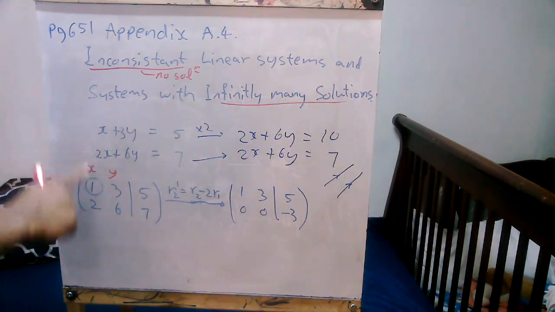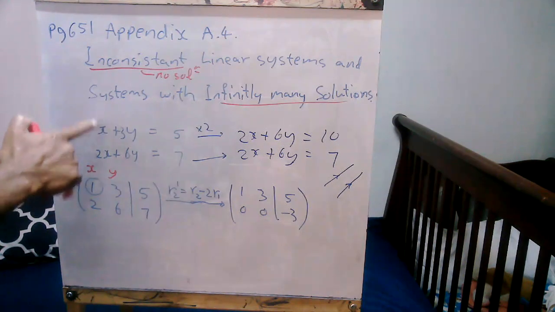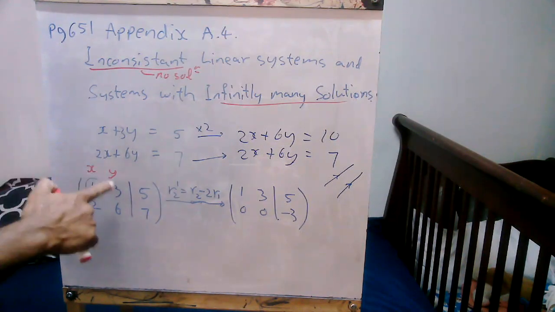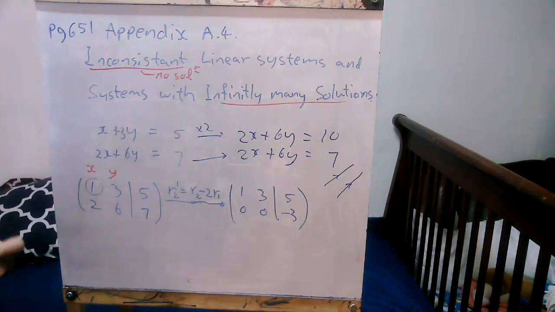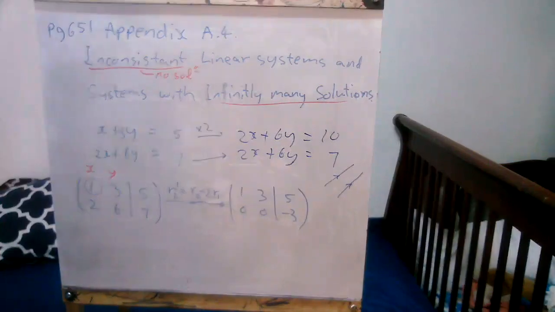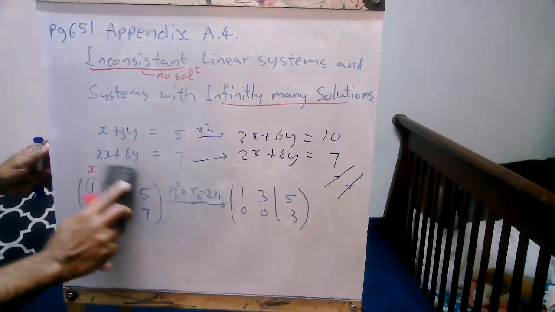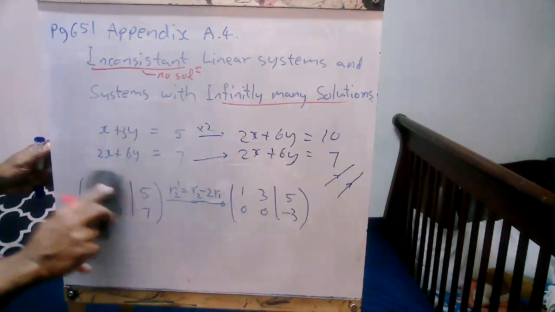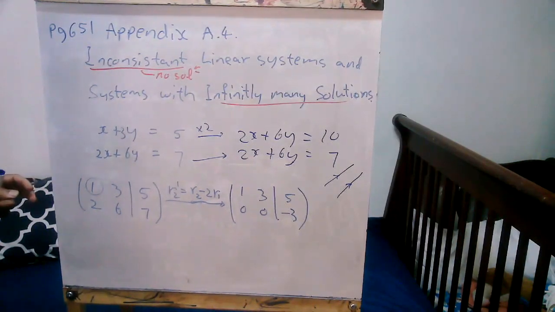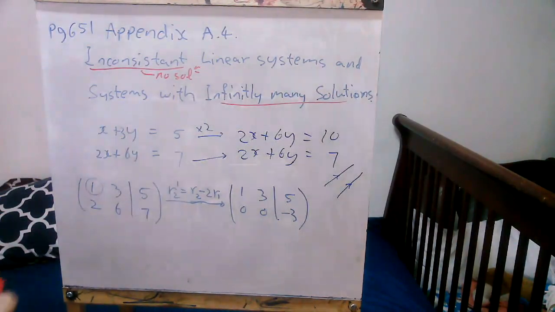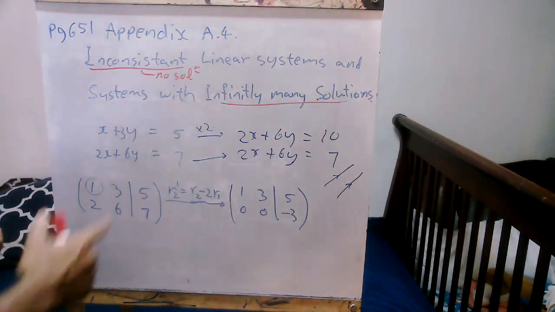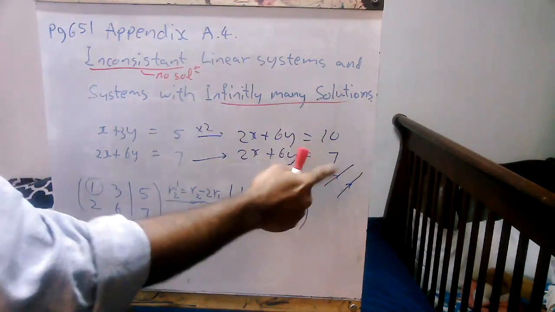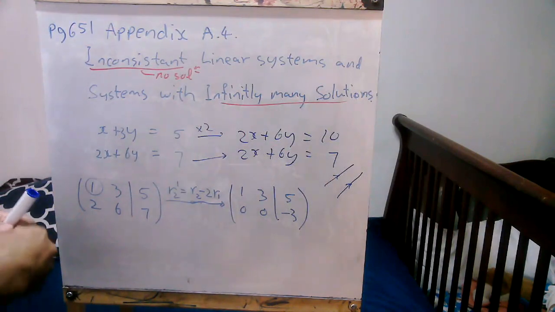Just remember, the first column gives us the coefficients of the first variable, the second column gives us the coefficients of the second variable, right? Now this is our augmented matrix for the system. We expect to get the same answer, meaning no solution, right?